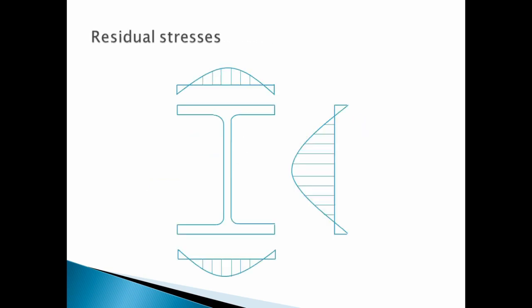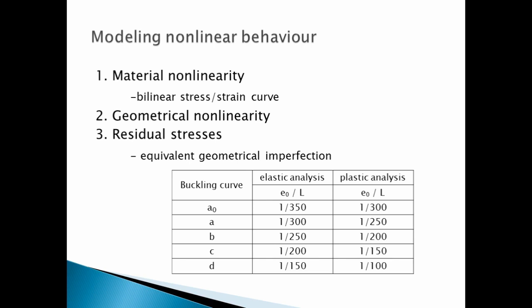And then there is also the issue of residual stresses. They occur because during production the parts of the cross section do not cool at the same rate, and that's why residual stresses develop along the cross section. So how are we going to include nonlinearities in our model?